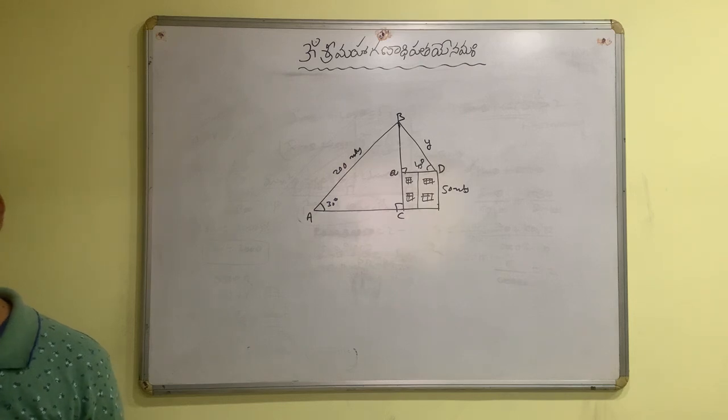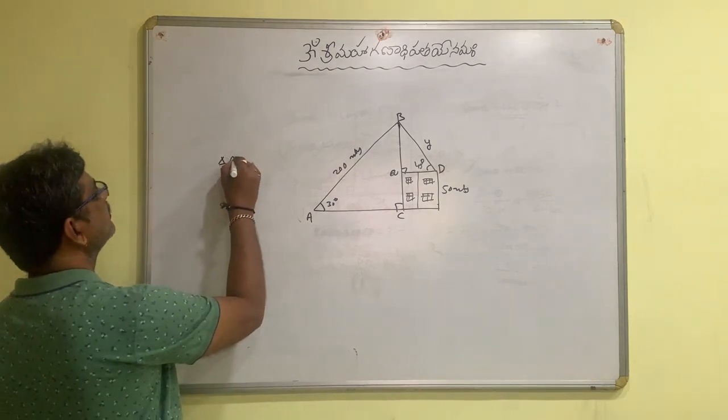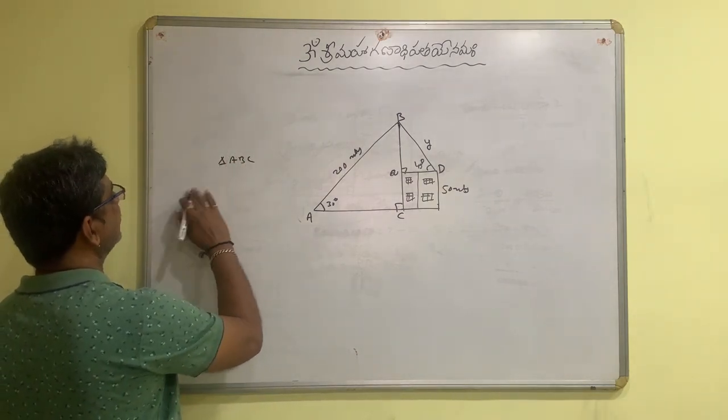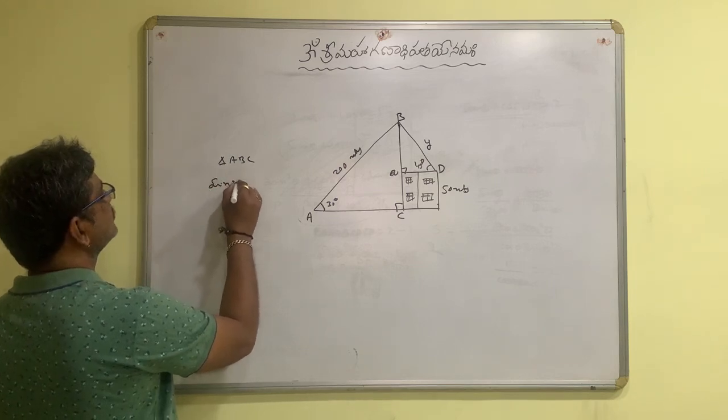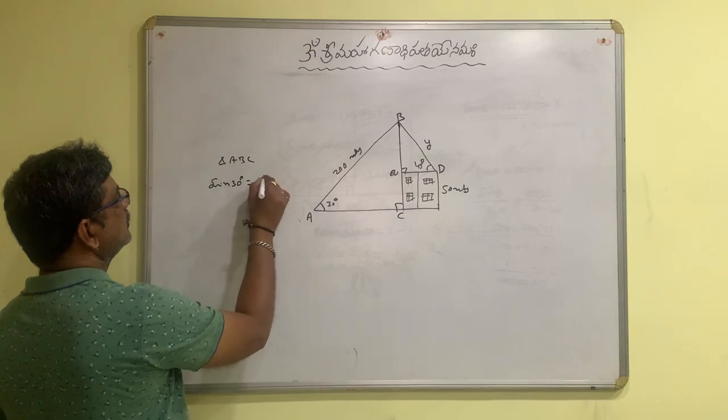Find BC first, right? So in triangle ABC, sine 30, because we need to find the opposite side and we have the hypotenuse.